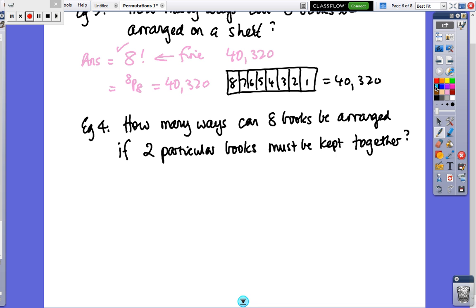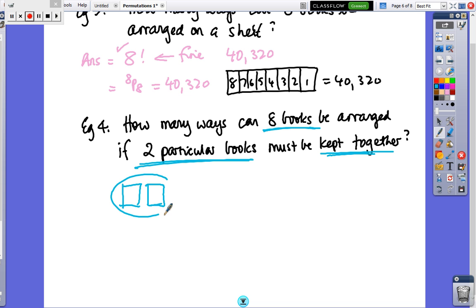So, I've got 8 books to be arranged, but 2 particular books, we don't know which books, must be kept together. So these 2 books are going to be kept together, and there's still another 6 books. Okay, so there's our 8 books, but these 2 have to be kept together.